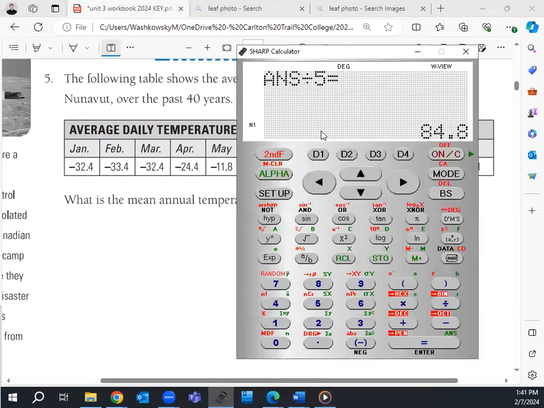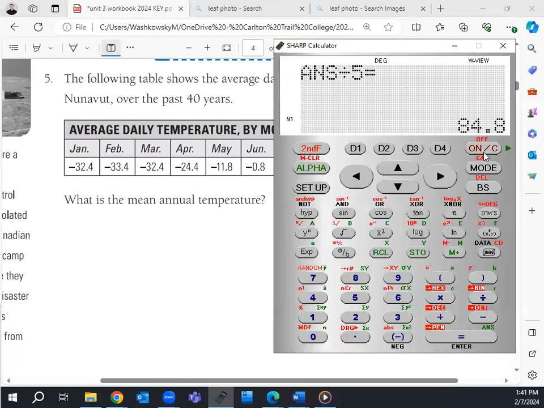And then same thing for this one here. It's negative 32.4. Technically, this is add in negative 33.4, which is technically 32.4 minus 33.4, but again, just kind of showing how that goes.